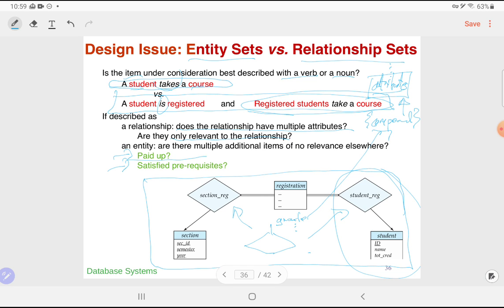Well, satisfied prerequisites is arguably related to the course. Paid up is not particularly related to the course in the context of a full-time student. It's a generic thing that applies to all courses. If those attributes cannot be reasonably put together as a single compound attribute, then almost certainly you are better to have a separate third entity.